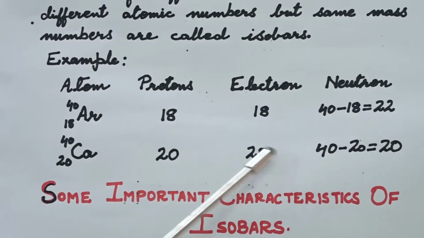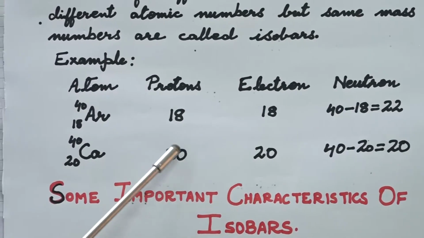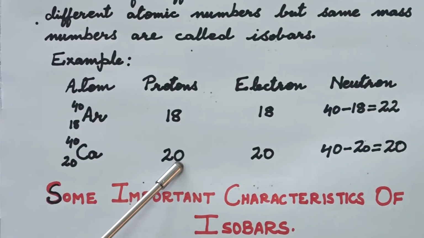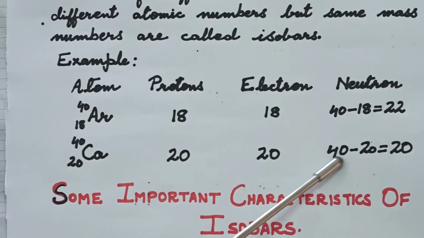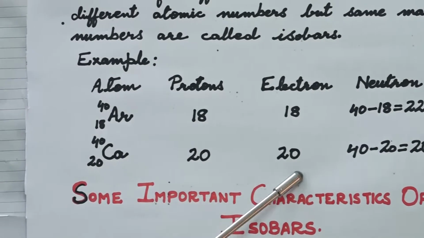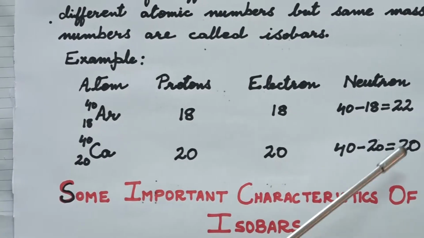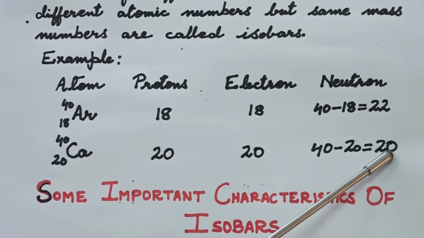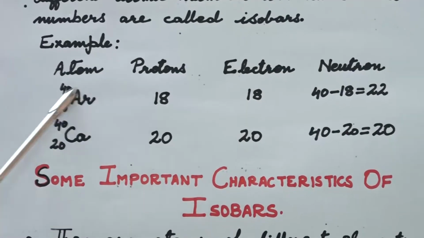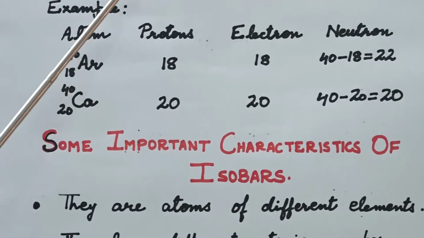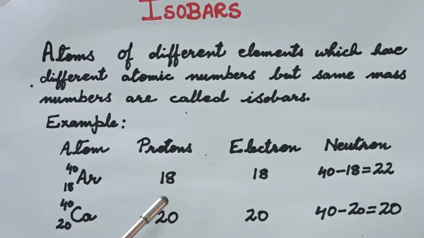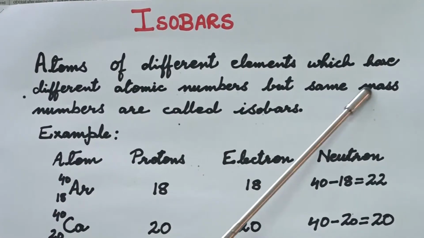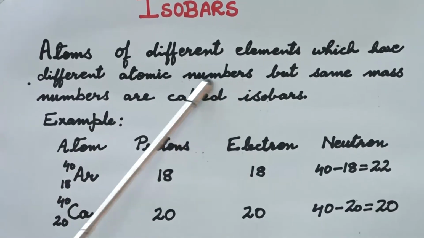In the atom of calcium, atomic number is 20, its mass number is 40, protons present is 20, electrons present is 20, and the number of neutrons present is also 20. So argon and calcium are examples of isobars as they have the same mass number but different atomic number.